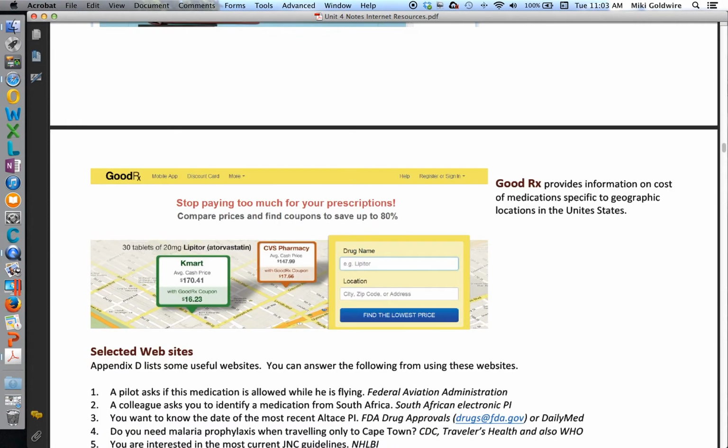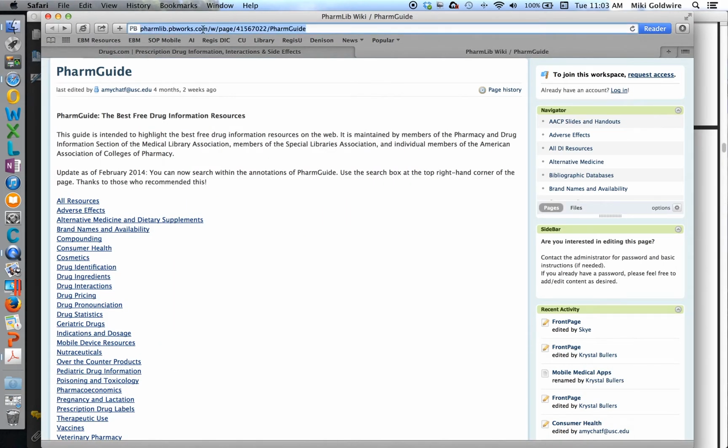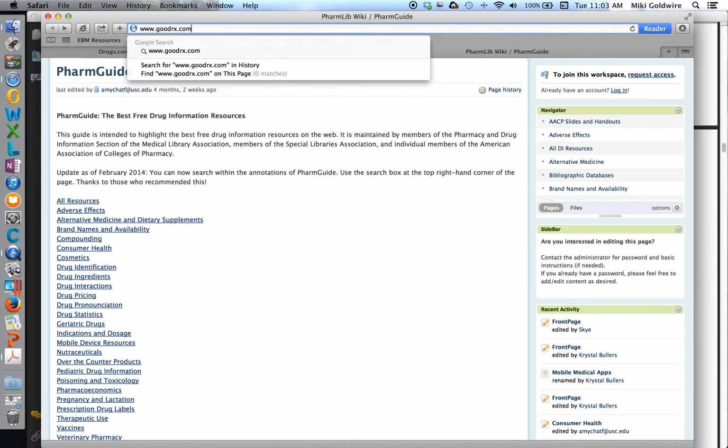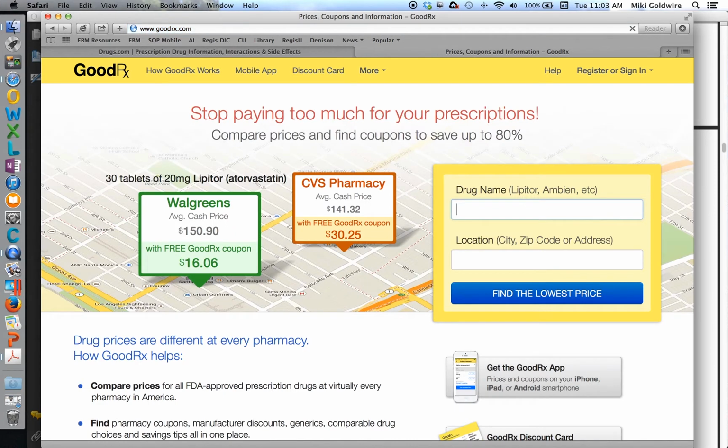Another site I like is called GoodRx, and this provides information on cost of medications specific to geographic locations in the United States. So goodrx.com. You just put in the drug name. Let's put in Ambien.